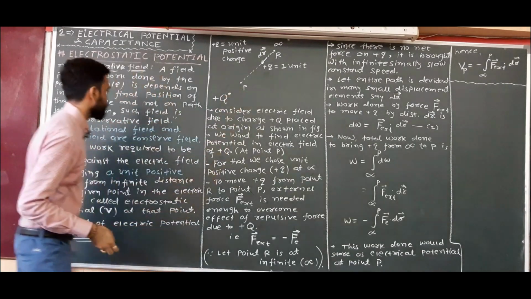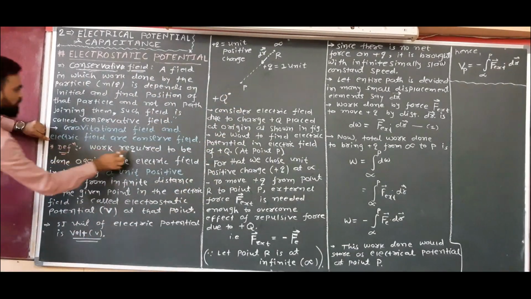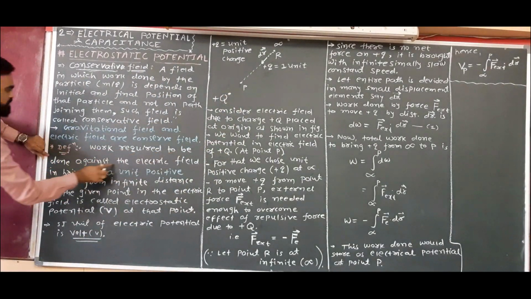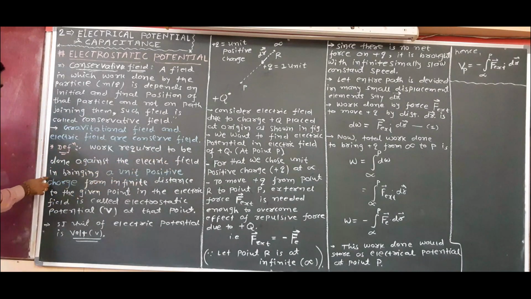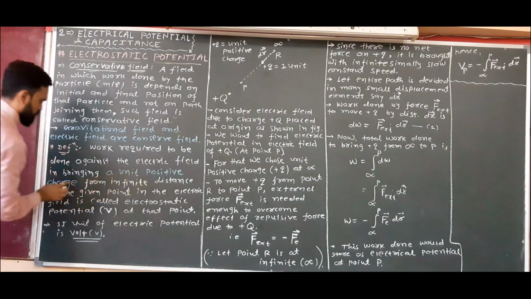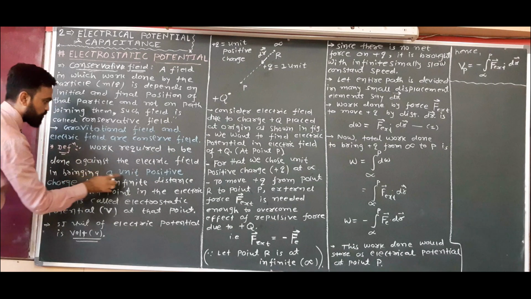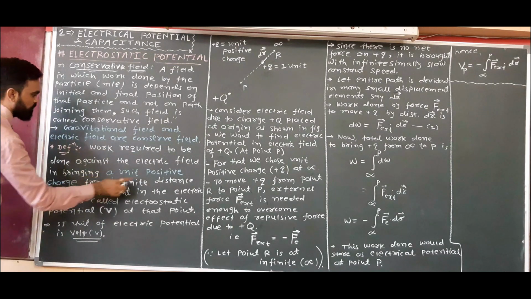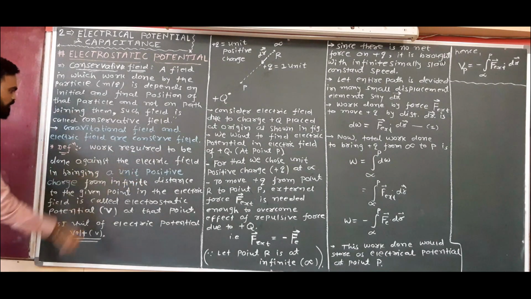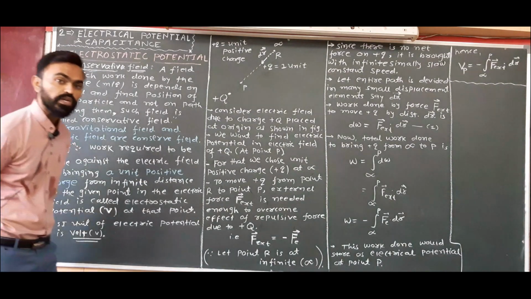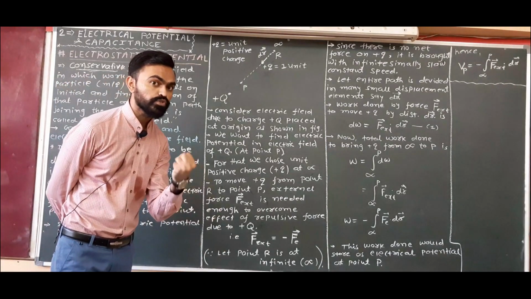So look at the definition again. Definition: the work required to be done against the electrical field in bringing a unit positive charge, highlight a unit positive charge, from infinite distance to the given point in the electrical field is called the electrical potential at that point.